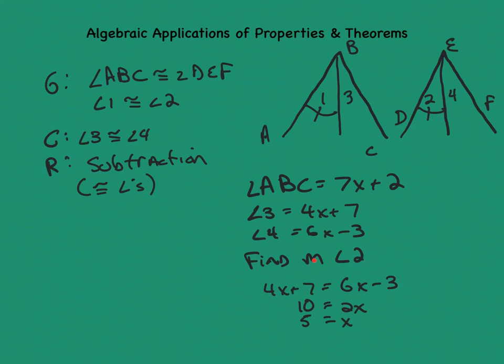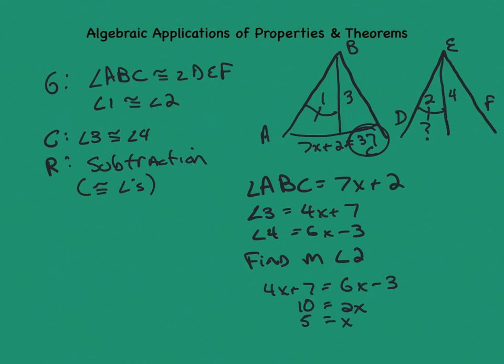But the problem is asking us to find the measure of angle 2. So that's this right here. How can we find it? Well, since they tell us that angle ABC is 7x plus 2, we can use that information: 7x plus 2 is going to equal 37.